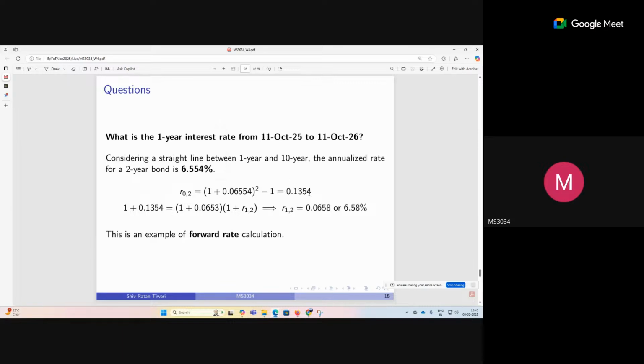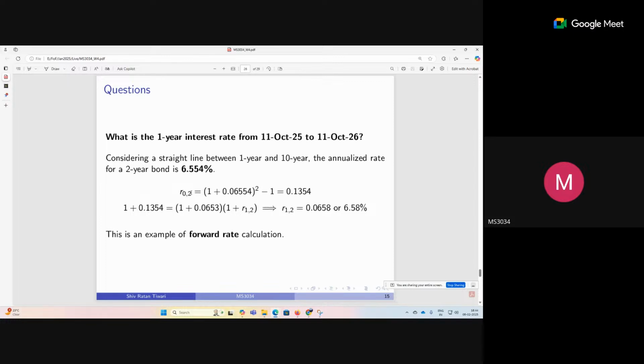This 6.554, how did you get it? We did a linear interpolation. We have the values for 1 year and 10 years, so we take the slope and add it to the 1-year value. Correct, so through that we can calculate the total holding rate of return.